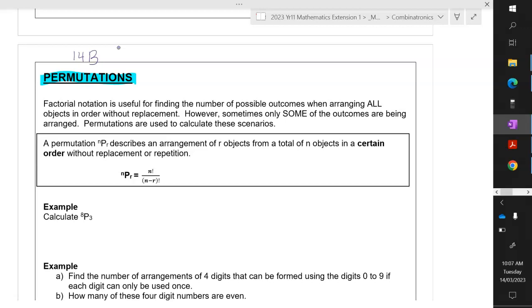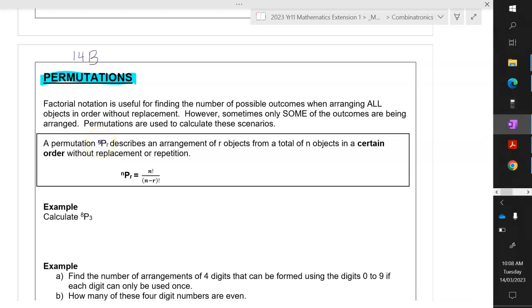So let's read what's up here. Factorial notation is useful for finding the number of possible outcomes when arranging all objects in order without replacement. However, sometimes only some of the outcomes are being arranged. Permutations are used to calculate these scenarios. So for example, a permutation, and P here stands for permutation, we'll call that nPr.